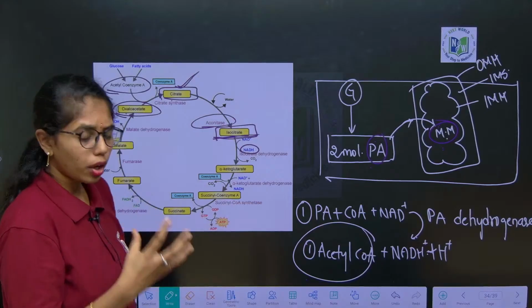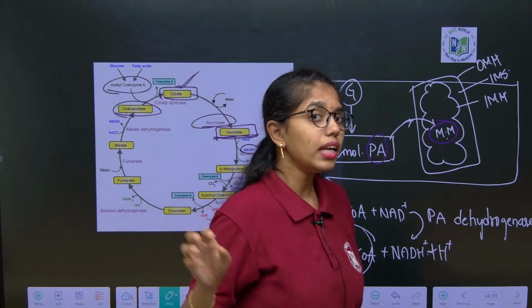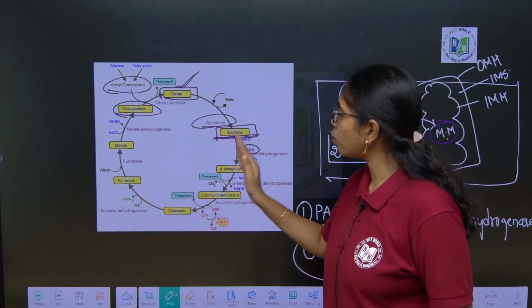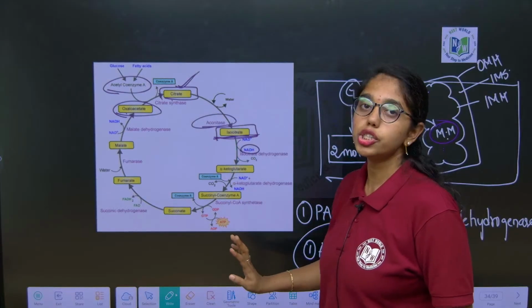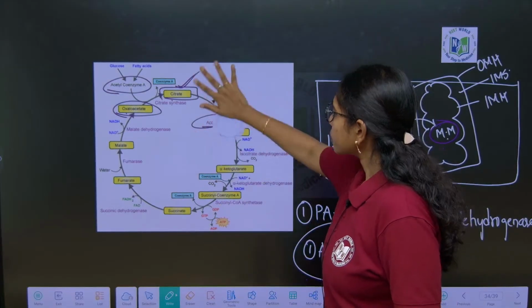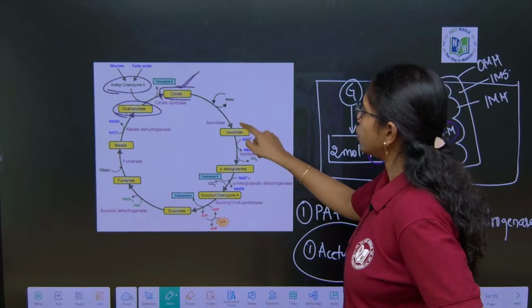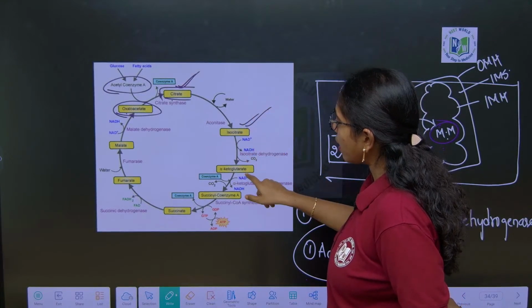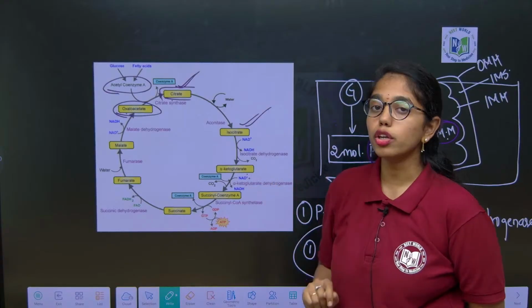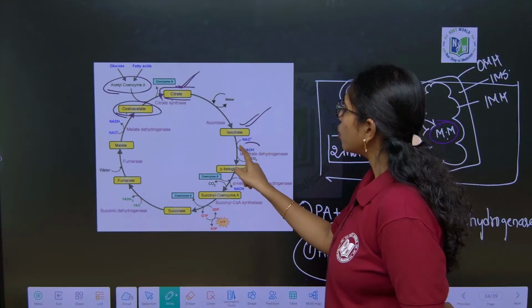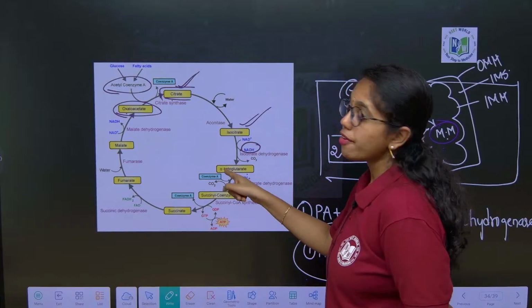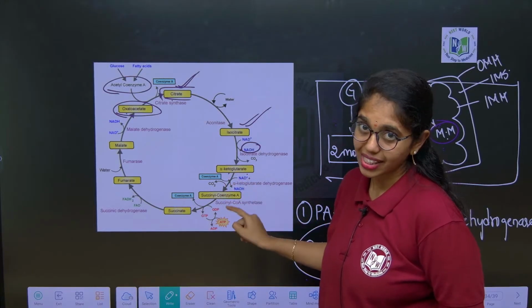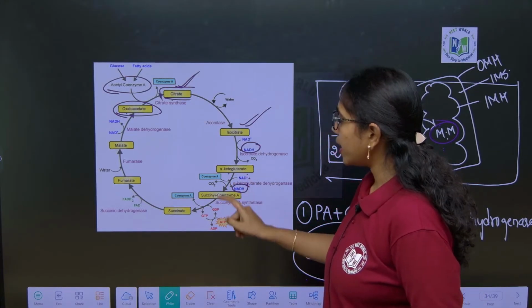I think all of you might be aware of the TCA cycle. Here I will clearly look into those steps wherein energy is being released. From isocitrate to alpha ketoglutarate, for 1 molecule of glucose, 2 NADH are released, and from alpha ketoglutarate to succinyl coenzyme A, 2 NADH are released.